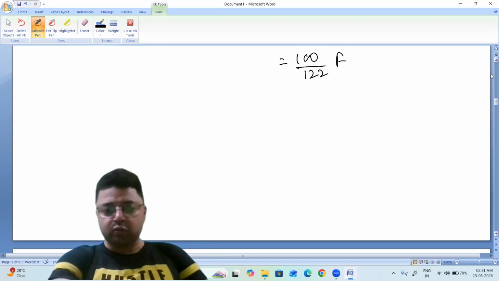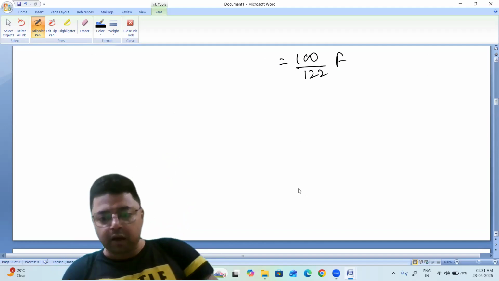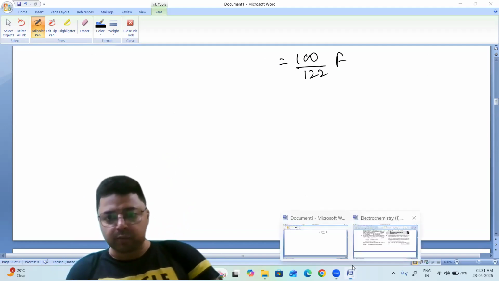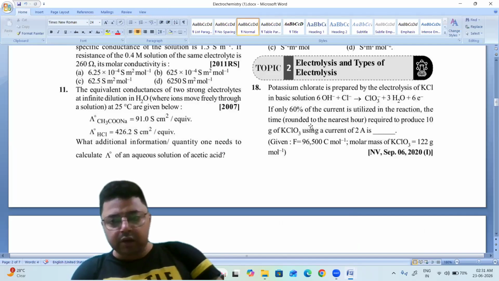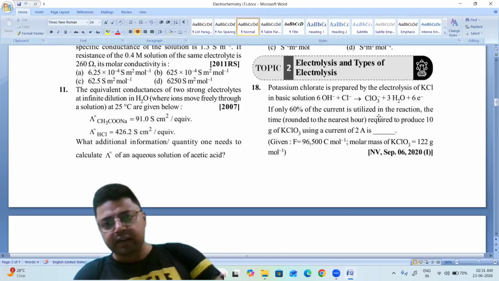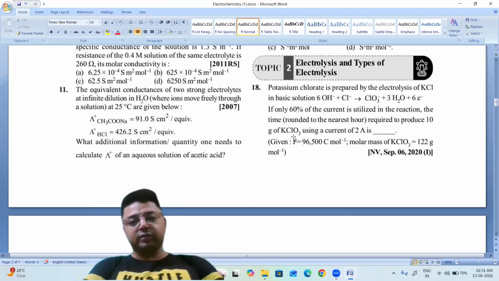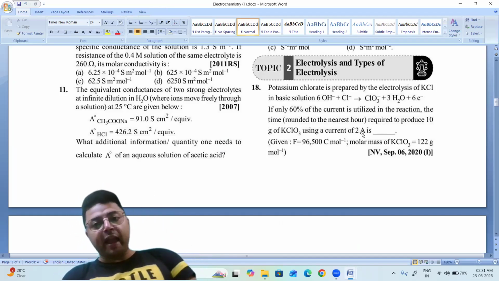Now, let us go to the next part, what it asked you about. They have asked that if 60% of current is utilized in this reaction, the time required to produce 10 gram of KClO3 using 2 ampere.